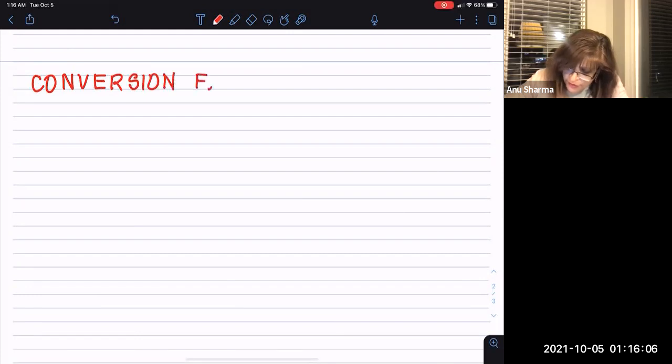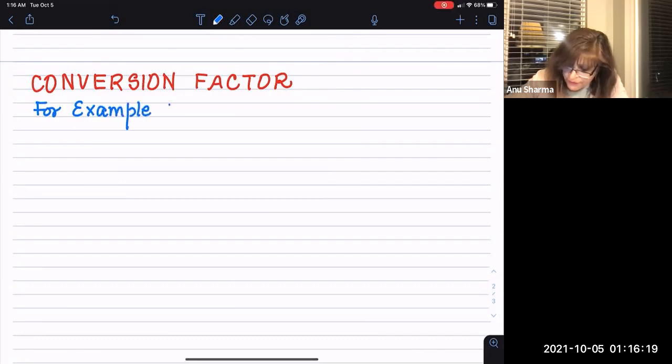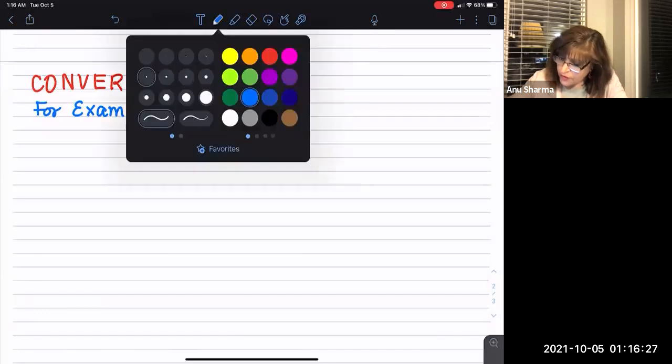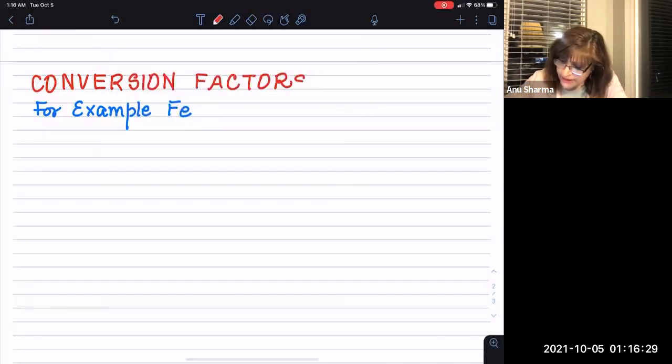Now we are going to look at, for example, iron, and you can use it for anything. Here we see that the conversion factors are for these equalities.